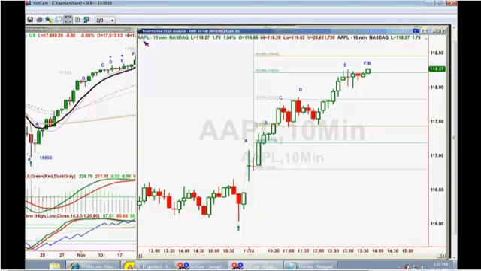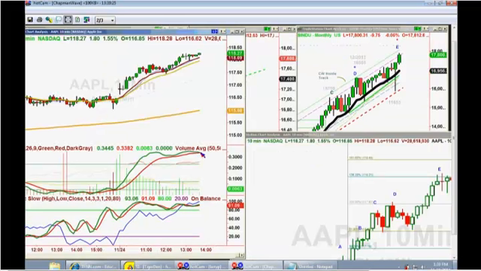Because why? Because if I go to the 10-minute chart with the technicals, let me get rid of this. The 10-minute chart shows you that the MACD was just about to turn down, but hasn't yet. The stochastic's very strong at 91%. That's the reason why I would have taken one position off, and I would have held the other position, and then I would be using the Chapman wave count in this particular chart right here to say, okay, let's see what happens next.